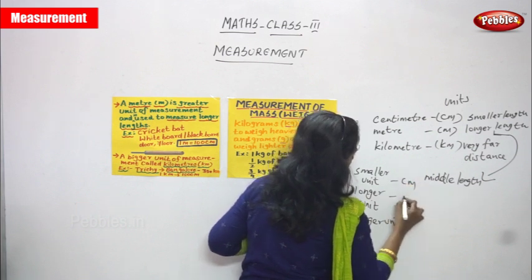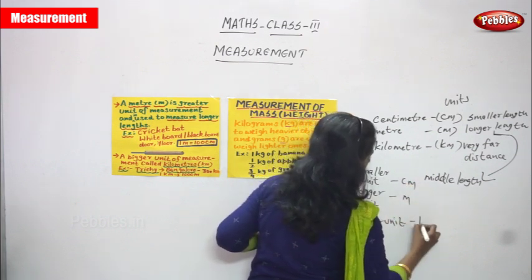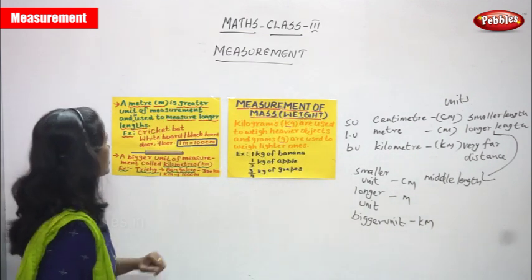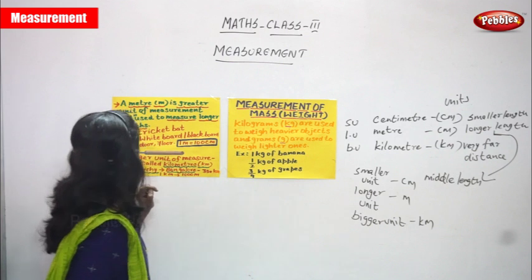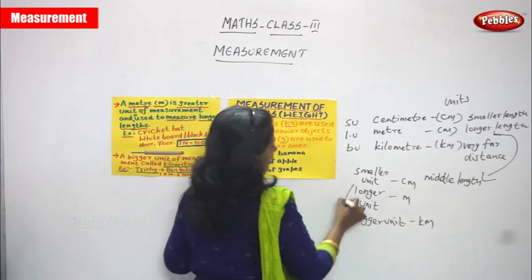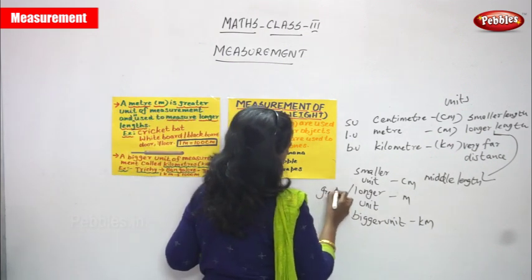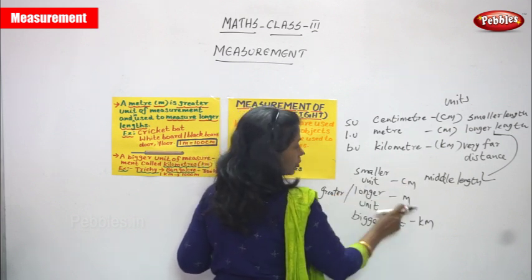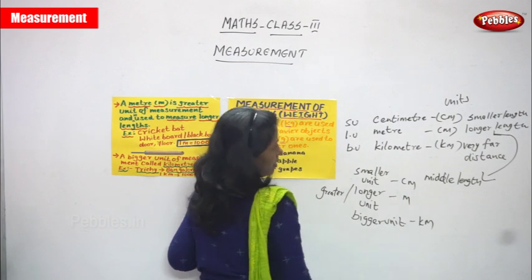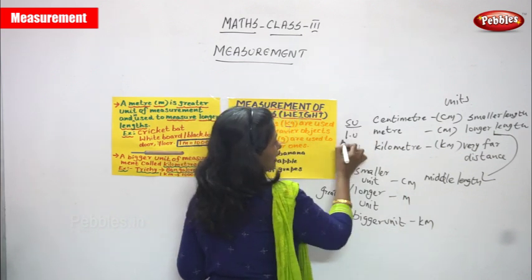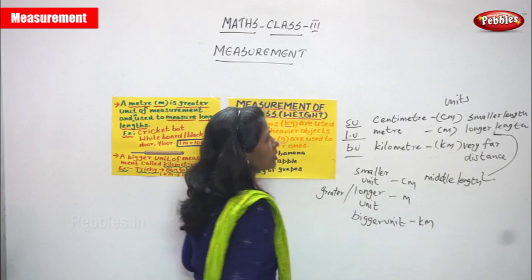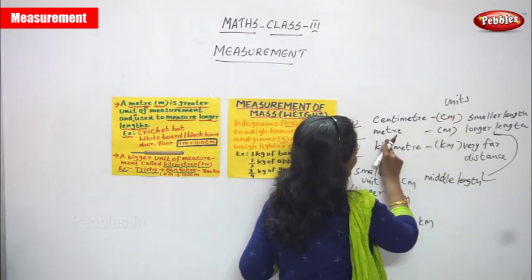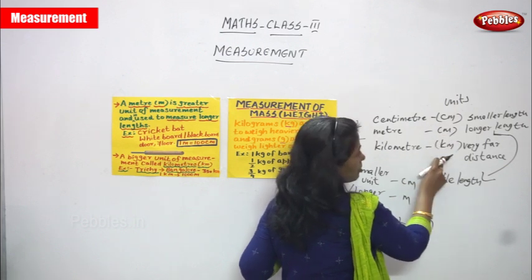Centimeter, longer unit meter, bigger unit kilometer. Longer, otherwise we can call it greater. Smaller unit centimeter, greater or longer unit meter, bigger unit kilometer. SU means smaller unit, LU means longer unit, BU means bigger unit. These are called units. Centimeter short form is cm, meter short form is m, and kilometer short form is km.